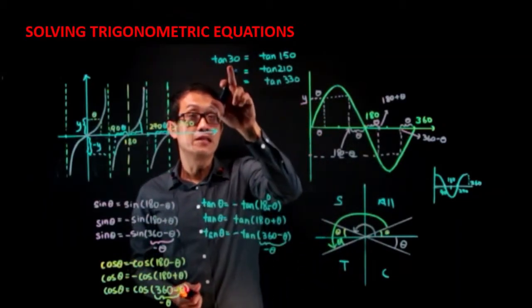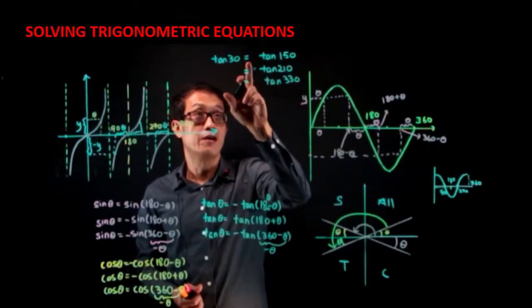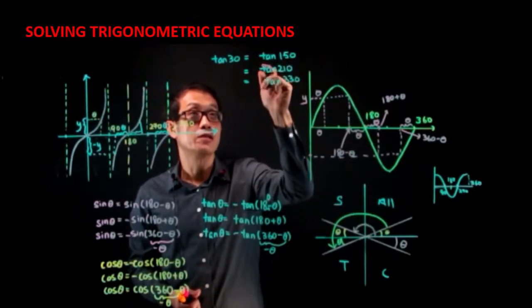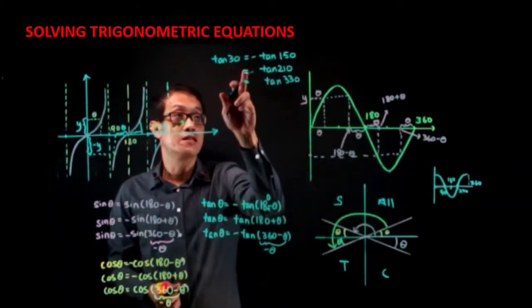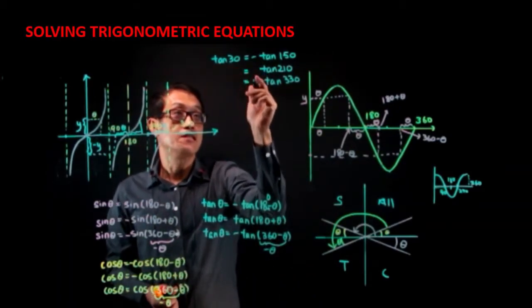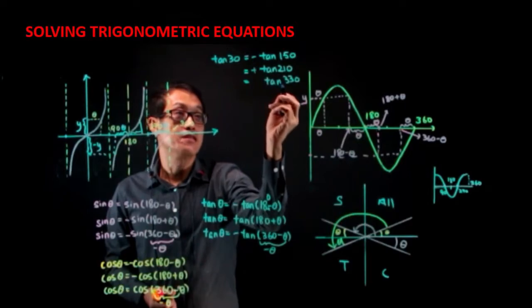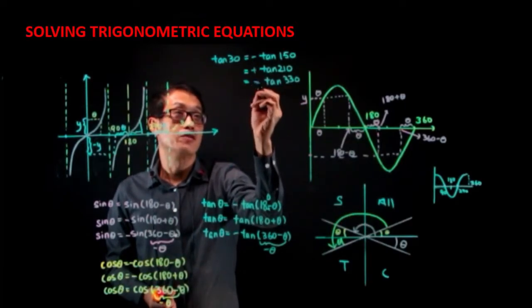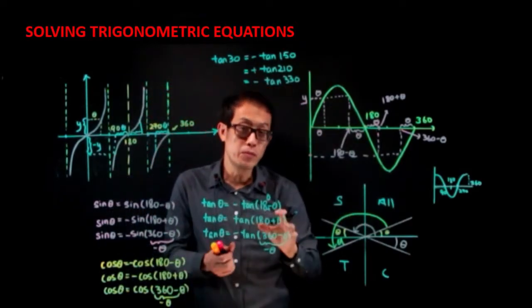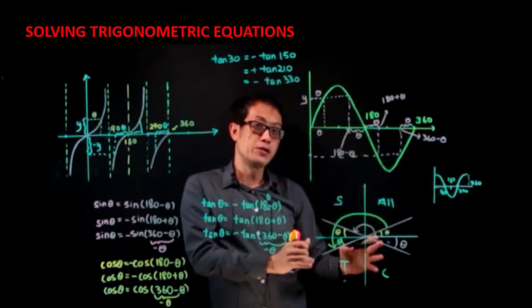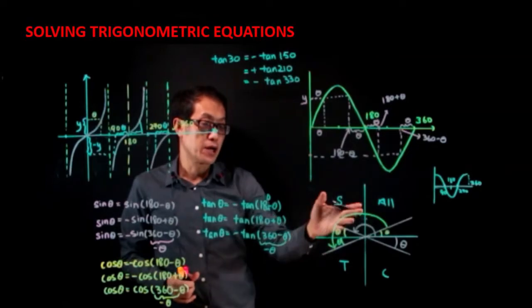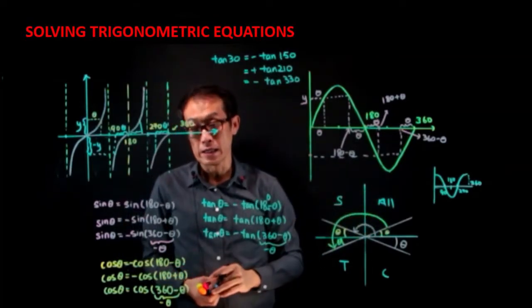If this is in the first quadrant, positive, then the second quadrant has to be minus. The third quadrant is plus. The fourth quadrant is minus. So numerically, the magnitude of the number is the same as long as they have the same basic angle.